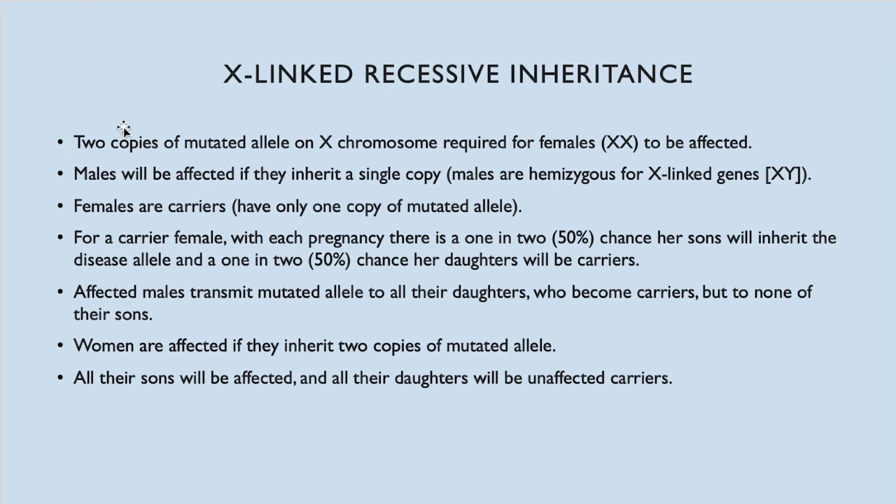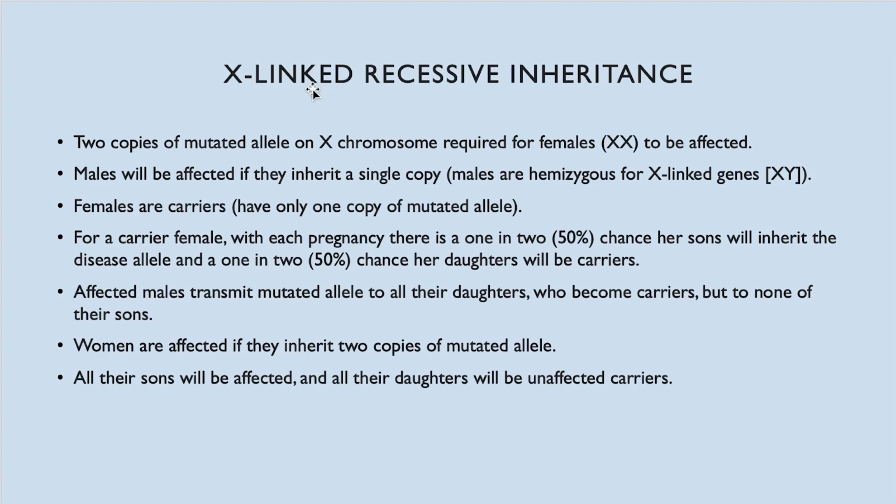For a female to manifest the disease, she needs to inherit the 2 copies, the X chromosome from the father and 1 of the X chromosomes from the mother, the one that has the mutation. And for females, this will manifest exactly as any autosomal recessive disease.